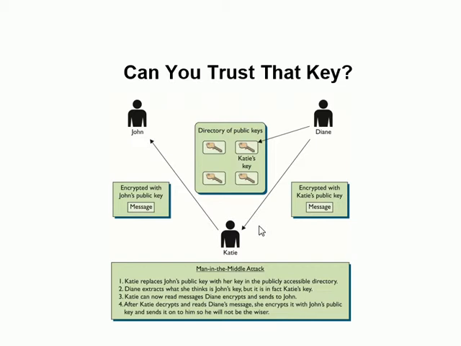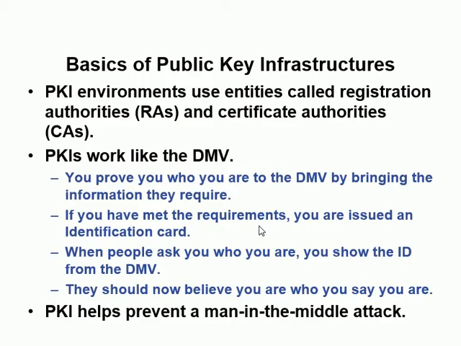Then Katie intercepts the message that Diane sends, decrypts it, reads it, re-encrypts it using the key that Katie has for John, and sends the message on to John. John then gets that message and is able to decrypt it. Diane and John have no idea that Katie is in the middle mediating that connection between the two. So that's the important concept here. And this whole PKI thing that we talk about is how do we prevent that from happening?